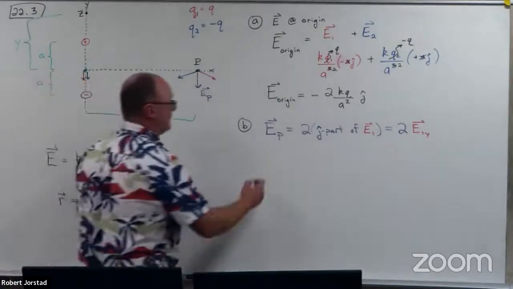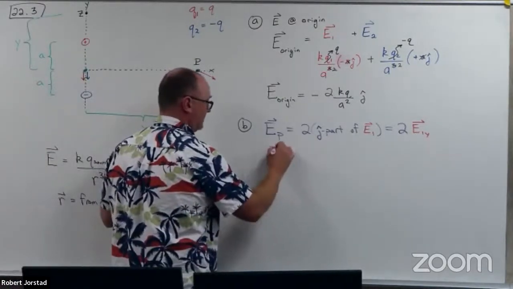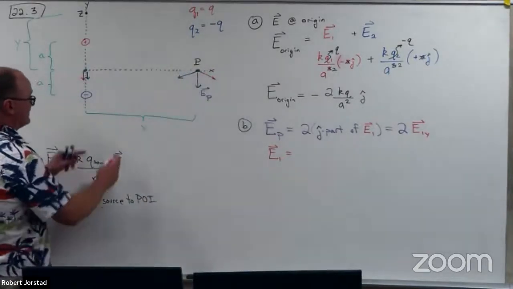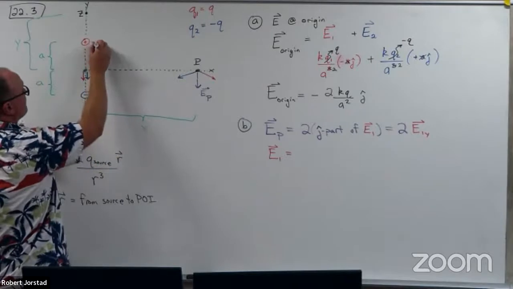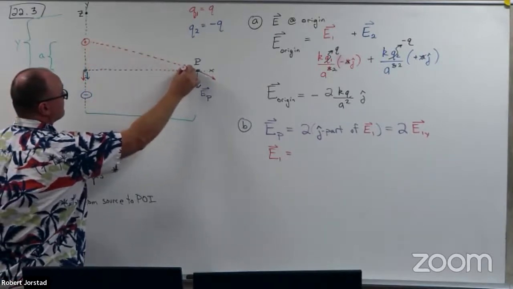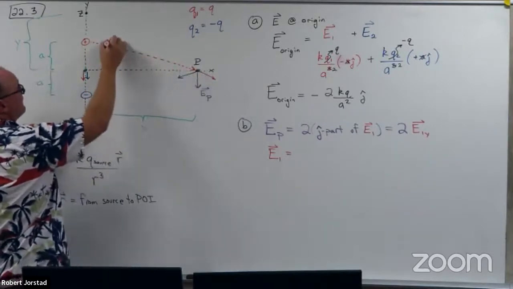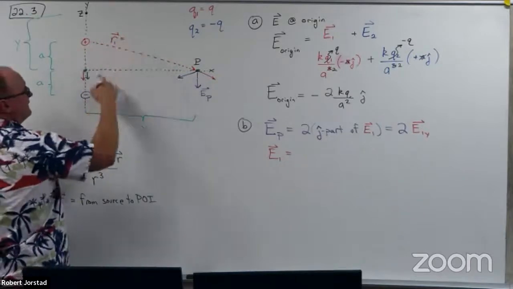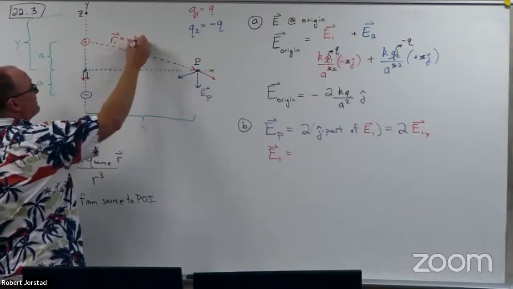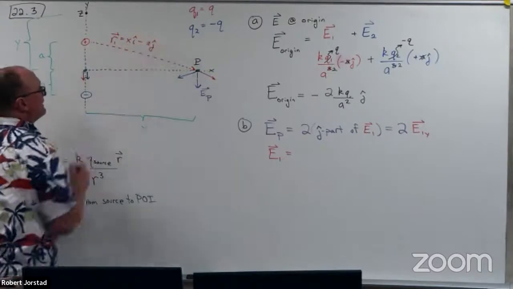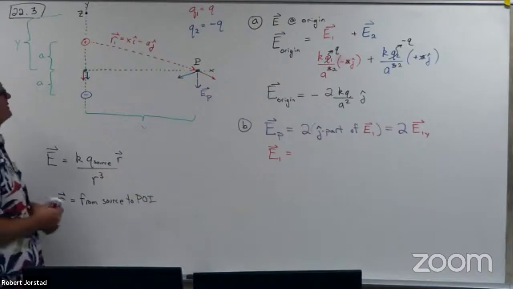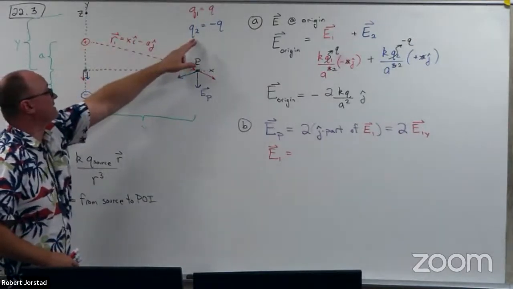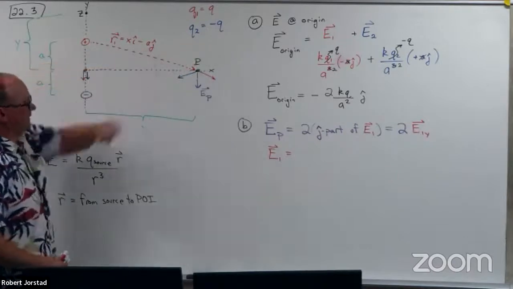Okay, so what is E1? In this case, what was this distance? x? So this vector should equal x in the i hat minus a in the j hat. Let me see if that's right. I just write it down and then check it. Positive i hat x, and then a down in the j hat. Yeah, okay, that looks good.